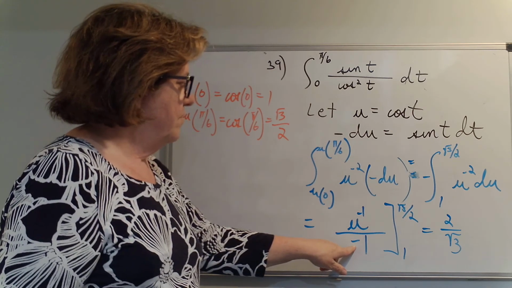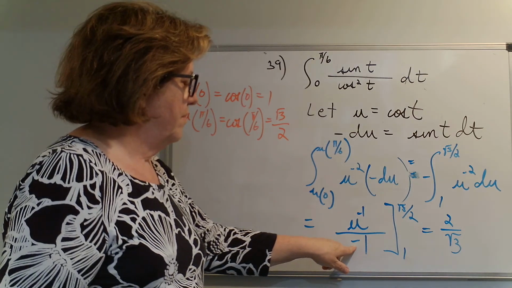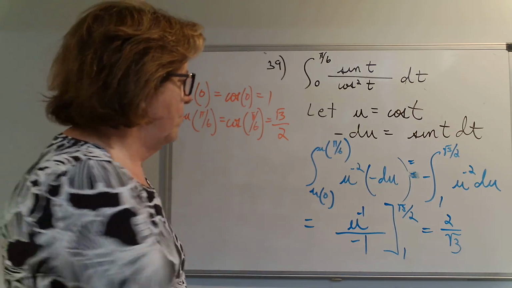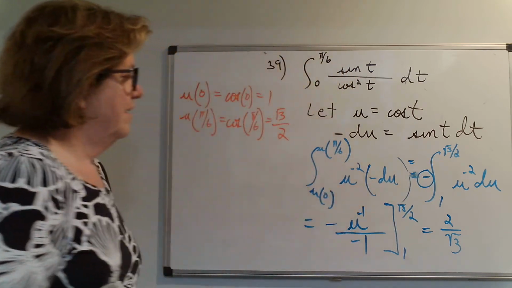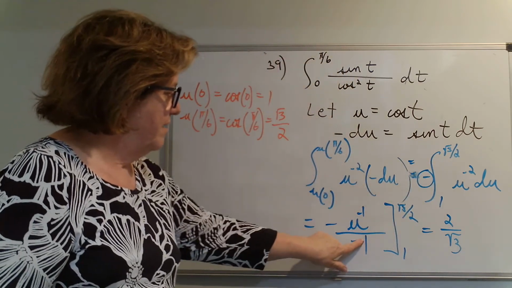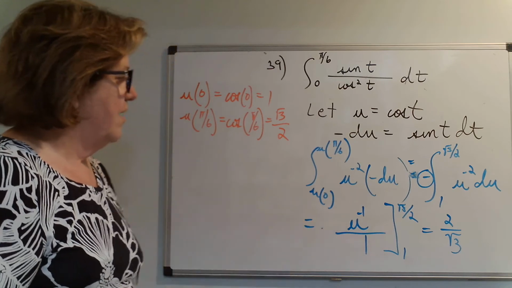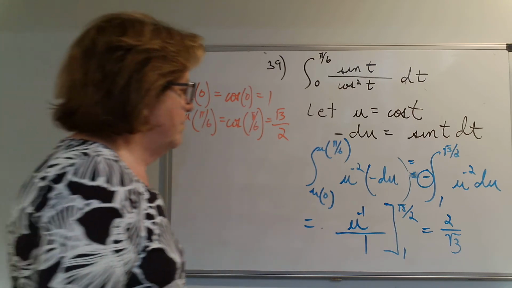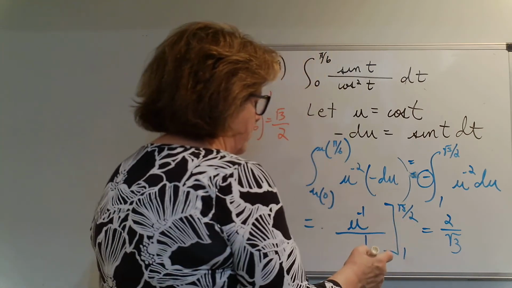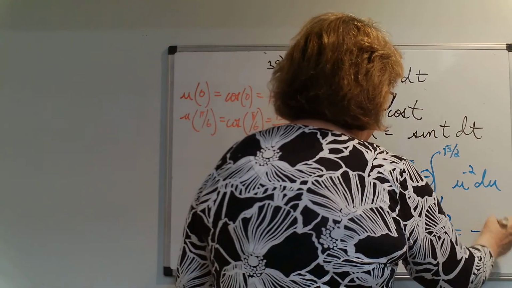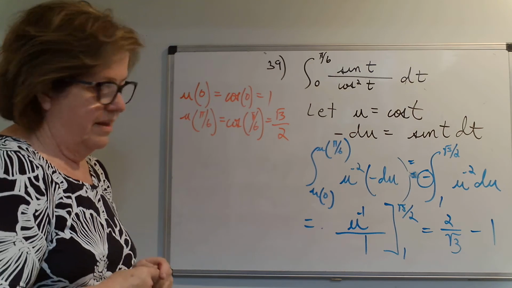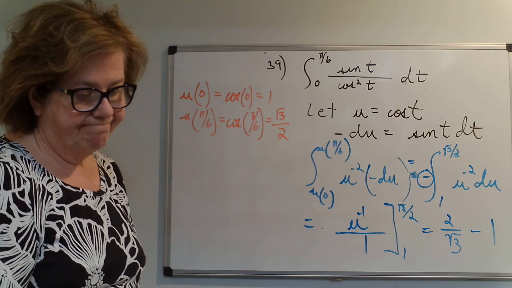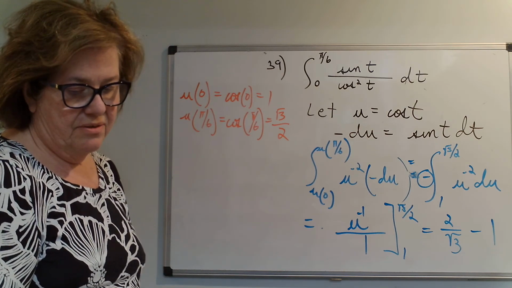Oh, I forgot this. Be careful. There's a negative here and a negative here, so they're going to cancel each other out. So we're going to wind up with 2 over the square root of 3 minus 1.